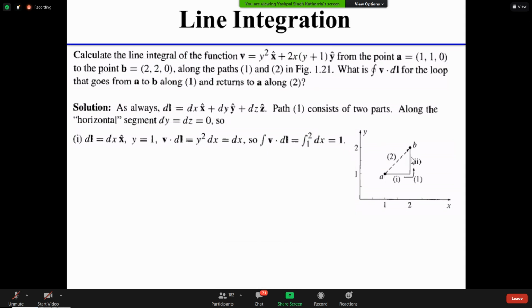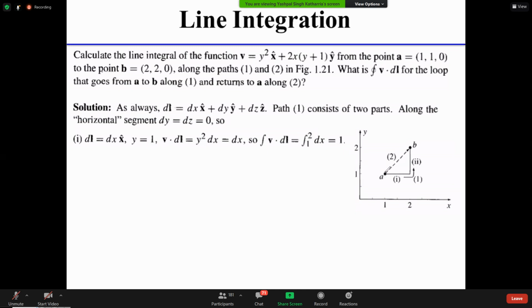Okay, so what is path 1? Path 1 is to go from A up to this point. You can define it like C along the x-axis, along x direction. So along this path, obviously, you will see that y will remain at a constant value.